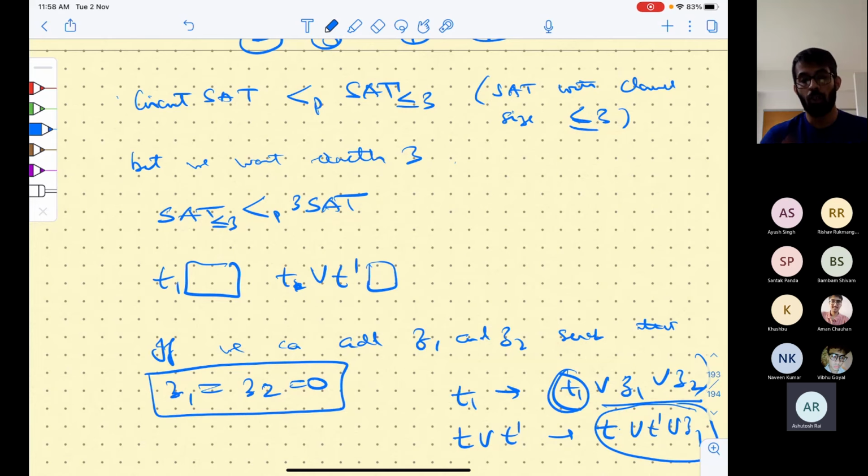And then you reduce circuit SAT to SAT, SAT to independent set, vertex cover, and then you get this whole chain and all these problems become NP complete. And what does that mean? That none of these can be solved in polynomial time unless P is equal to NP. Or if any of these can be solved in polynomial time, then P is equal to NP. And one of them can be solved in polynomial time if and only if all others can be solved in polynomial time. Right?